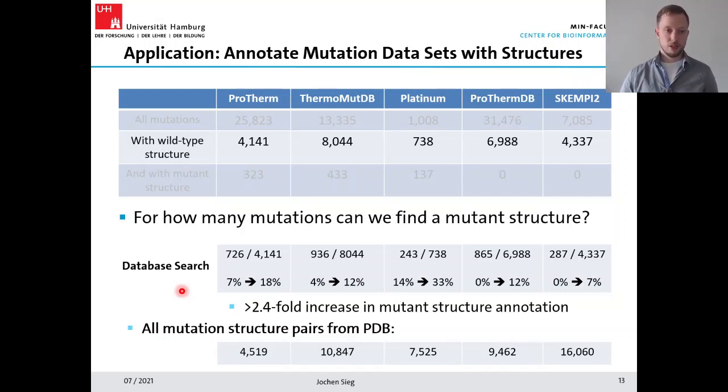And just to give a short impression of what data is available in the PDB, when we use the wild-type protein structures from the protein dataset for search with our database search tool, we find all in all 4,519 different mutation structure pairs. And for other data sets, we find even more than 10,000. So it seems that there is still a lot of wild-type mutant structure pairs in the PDB available, and that might be very useful for our applications.